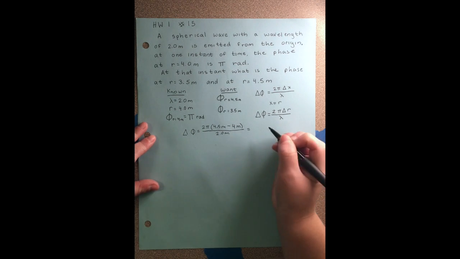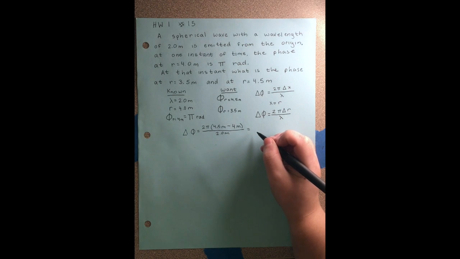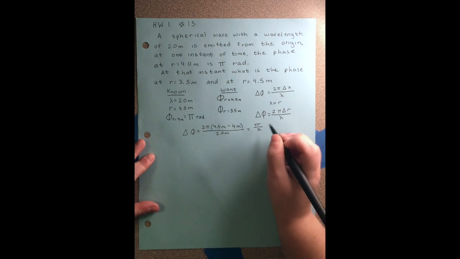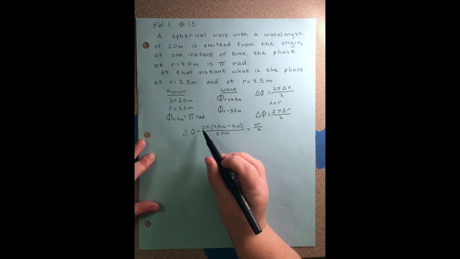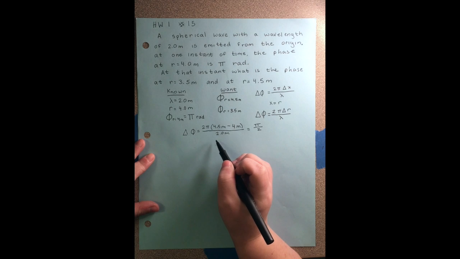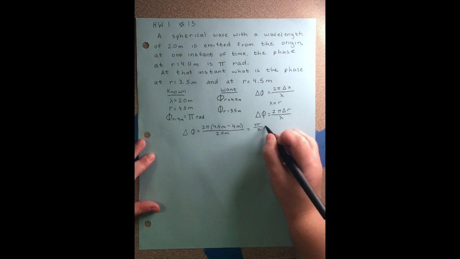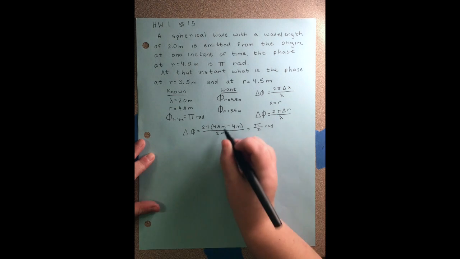And this is equal to pi over 2. Because this would give you 0.5, and the 2's would cancel, so it would give you 0.5 pi, which is the same as pi over 2. And that's in radians, because the meters cancel.